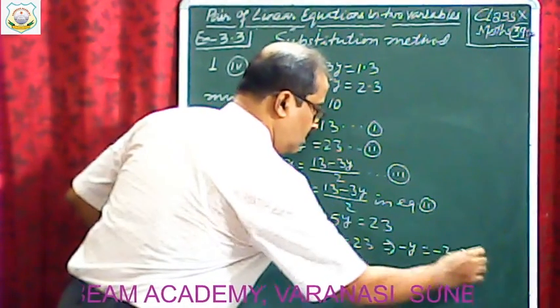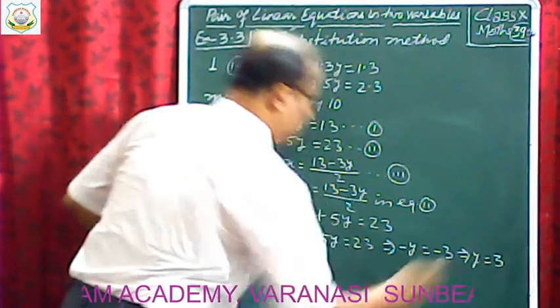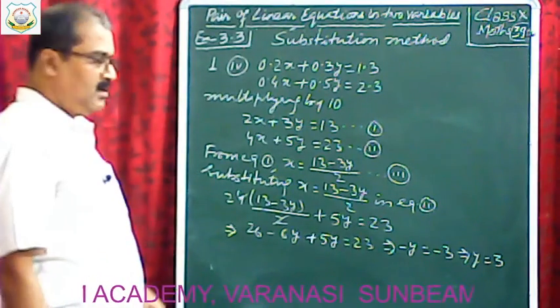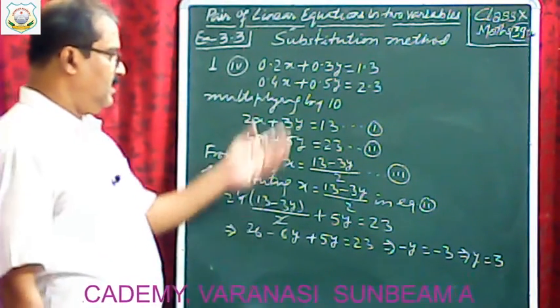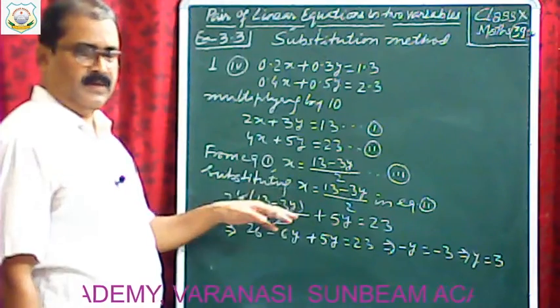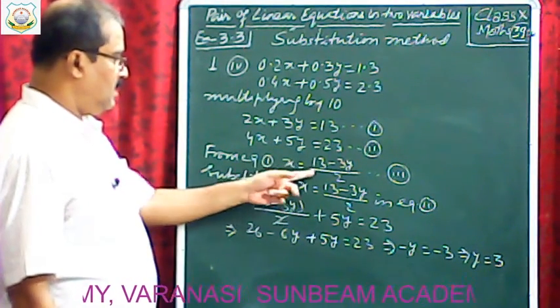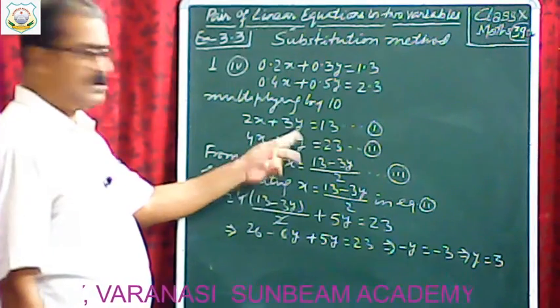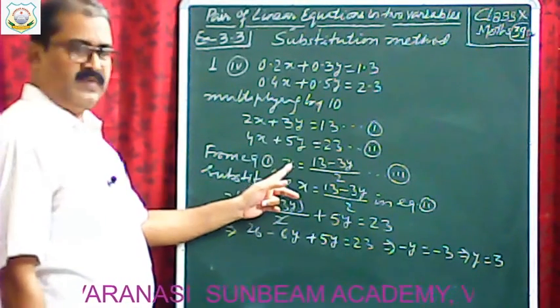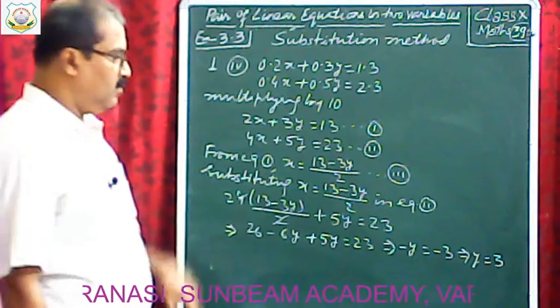So you get y equal to 3. Now thereafter you have to put the value of y in any one, either first or second. Better you use the value of y in third equation. Third we get from first. So directly we get the value of x after putting y equal to 3.